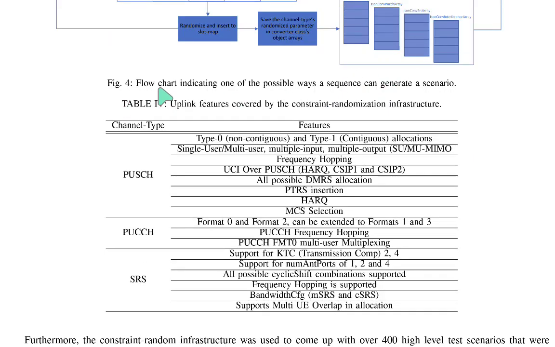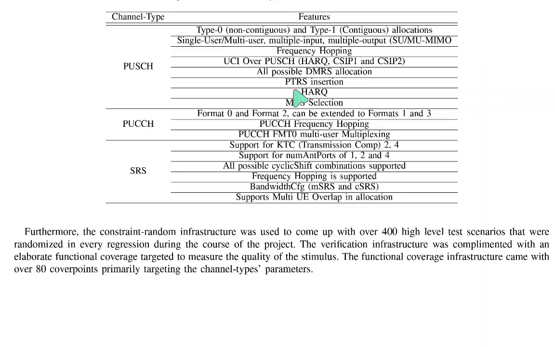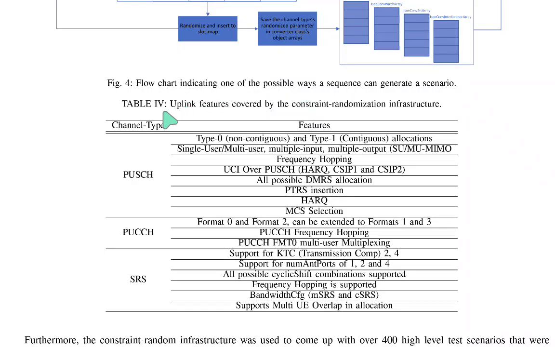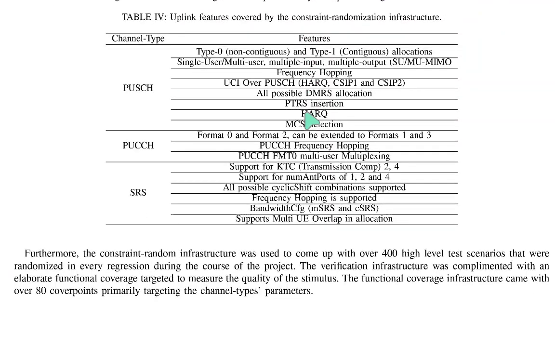This is Figure 4, a flow chart indicating one of the possible ways a sequence can generate a scenario. And Table 4 is the uplink feature covered by the constraint randomization infrastructure.